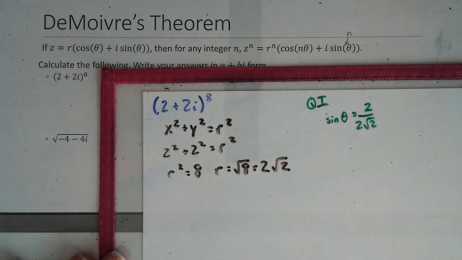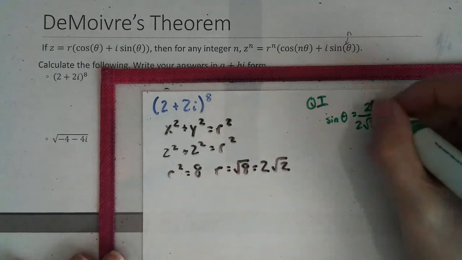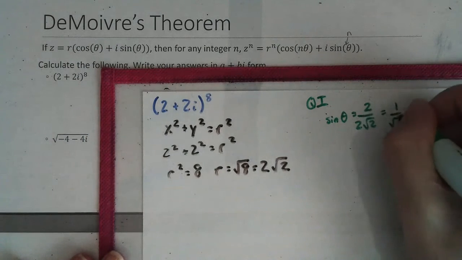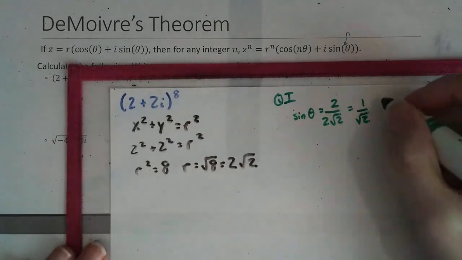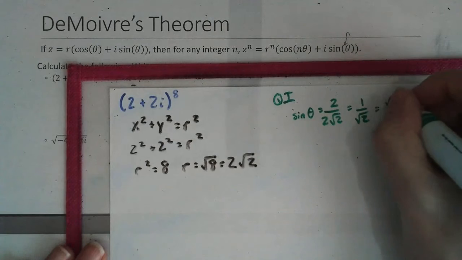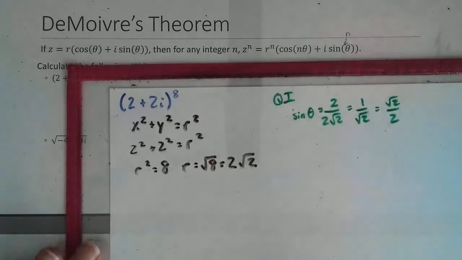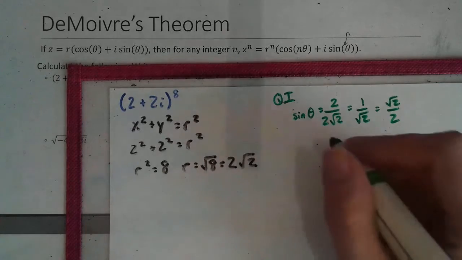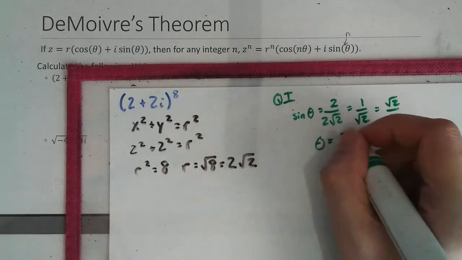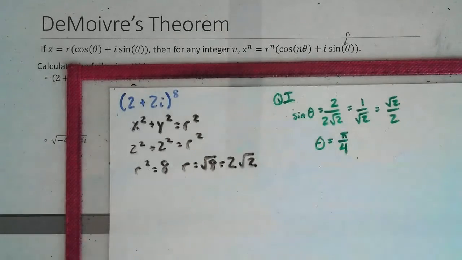Lots of 2's going on in this problem. The 2's cancel out, leaving me with 1 over the square root of 2. We saw earlier, if we multiply by the square root of 2 in the numerator and denominator, that gives us the square root of 2 over 2. That lies on our unit circle, the place in quadrant 1 where the sine of theta is equal to the square root of 2 over 2 is when theta is equal to pi over 4.